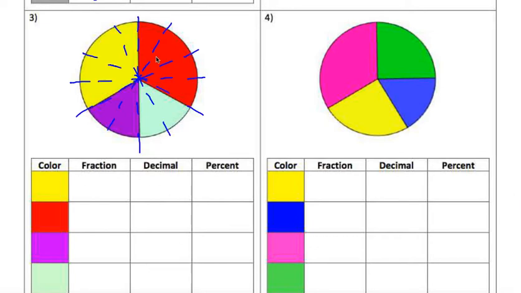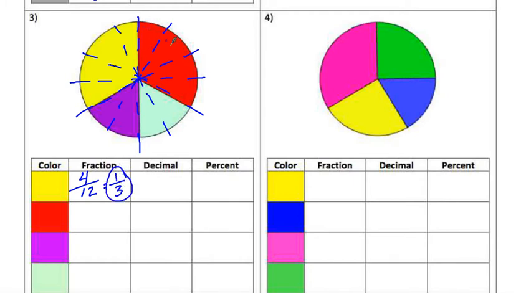So if you look at my picture, I cut this one a little bit different because I had to follow the lines. So I did a horizontal and I did a vertical. And then from there, it's not cut perfectly down the middle, so I actually had to cut each whole piece into thirds. So if you look at it, the yellow represents 4/12, and if I simplify that down, I actually get 1/3.